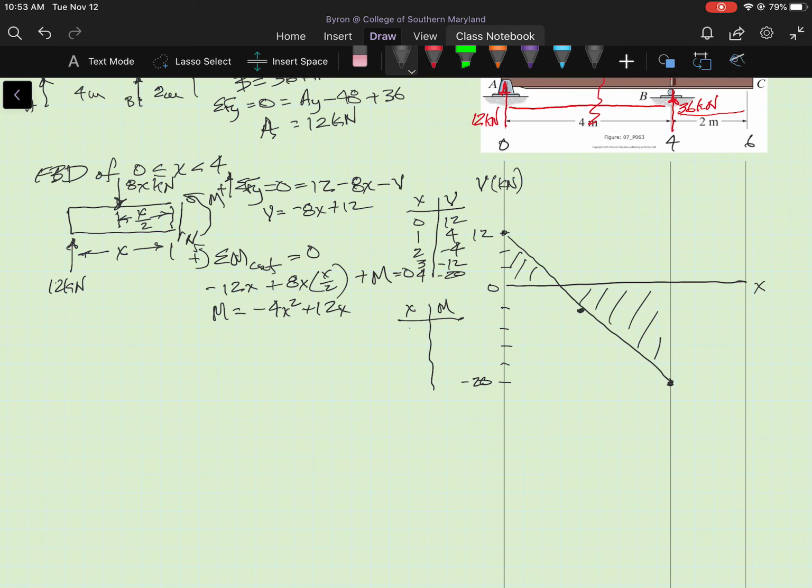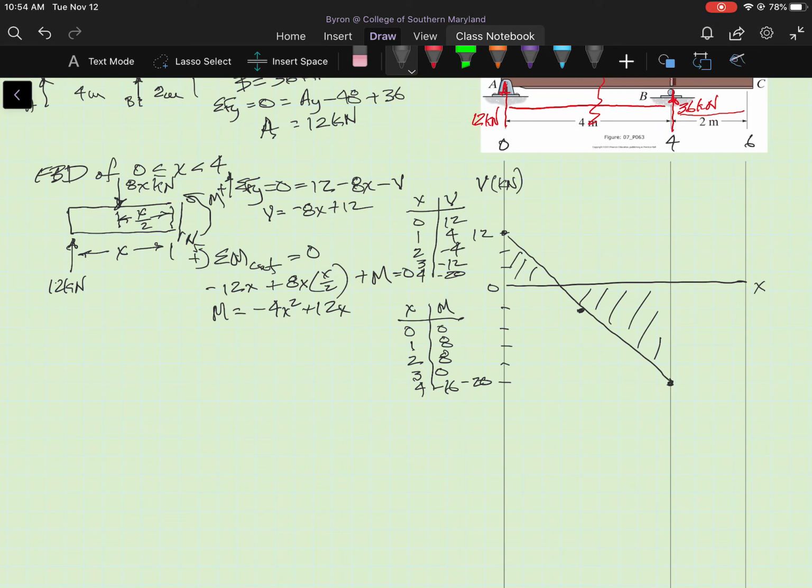When x equals 0, M equals 0. When x equals 1, M equals 8. When x equals 2, M equals 8. When x equals 3, M equals 0. And when x equals 4, M equals negative 16. Okay. Now we'll graph that.